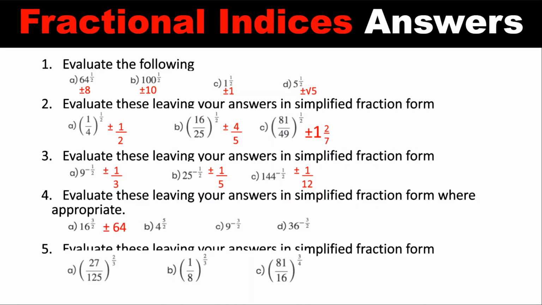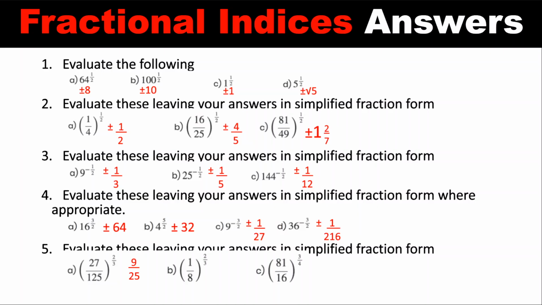Question 4, A is plus or minus 64, B is plus or minus 32, C is plus or minus 1/27 because we had a negative index there, D is plus or minus 1/216, and for question 5, A is 9/25.